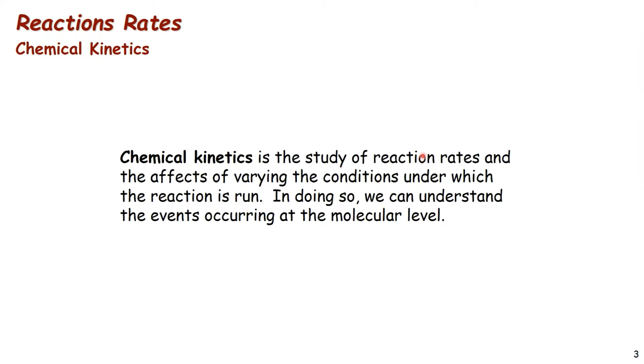So in other words, we're going to play around with concentrations, temperatures, pressures, and we're going to see how that affects the chemical reaction. That information is actually going to allow us to understand what's going on at the molecular level. We'll actually be able to start to understand why this molecule reacted with this other molecule, but it doesn't react with this other molecule over here, okay?